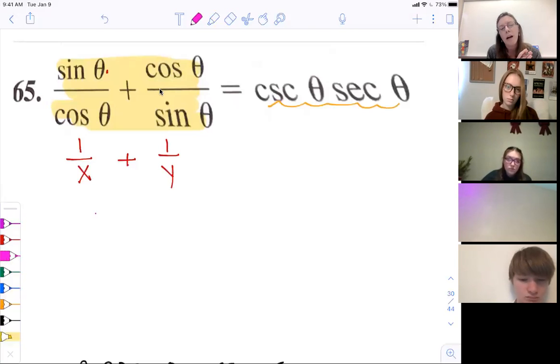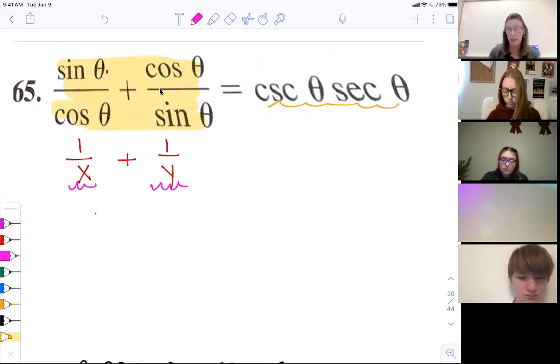Gabby, if I had 1 over x plus 1 over y, what would the least common denominator be? XY. Yeah, xy. The least common denominator are the factors in each denominator. Well, x and y, they're by themselves, so they're each a factor. So x times y would become our least common denominator. So that's the algebra thinking.